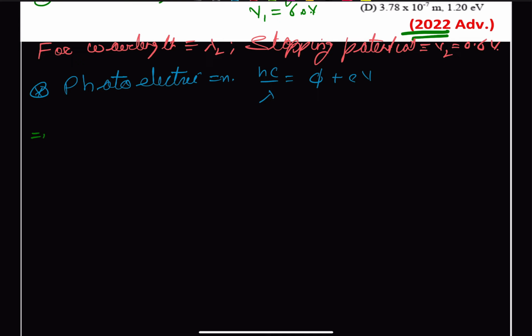The first is Hc upon lambda 1 is equal to phi plus e times V1. The second becomes Hc upon lambda 2 is equal to phi plus e times V2.